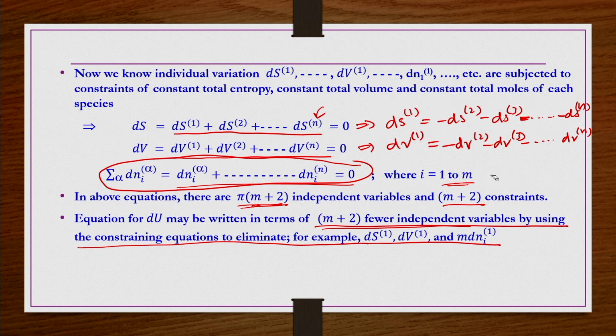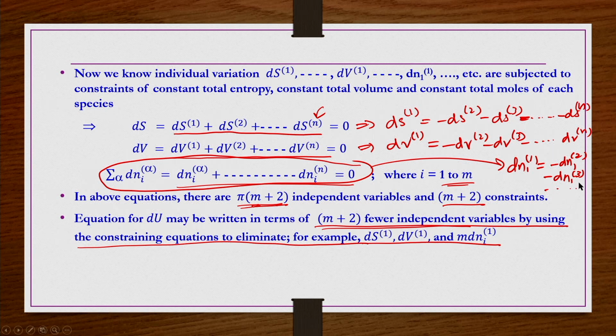Out of these relations, you can write for each one, dn1 1 is equal to minus dn1 in phase 2 minus dn1 in phase 3, like this you can write.